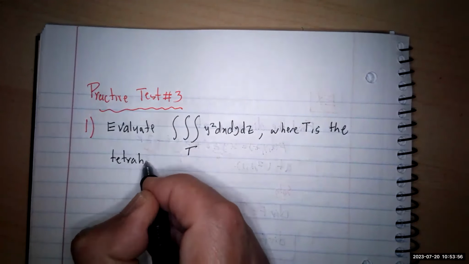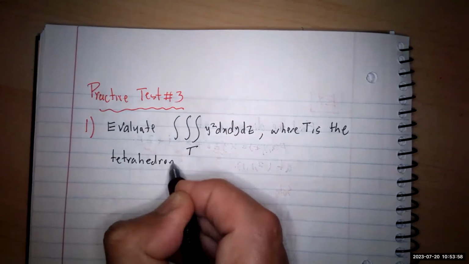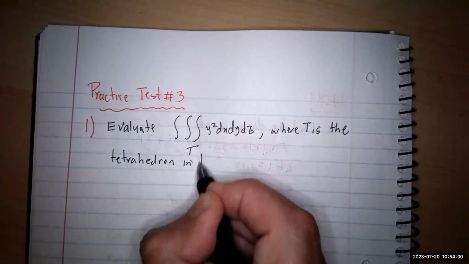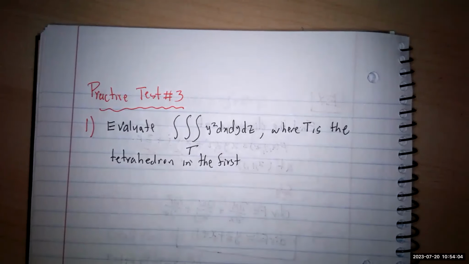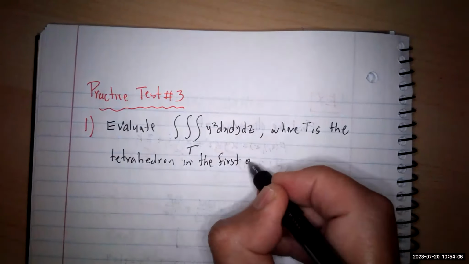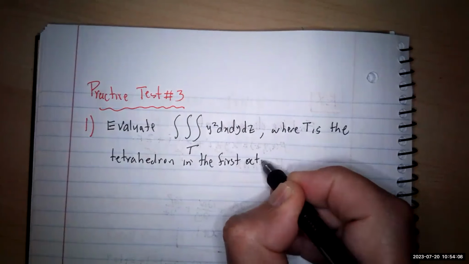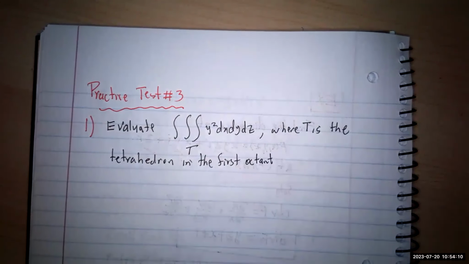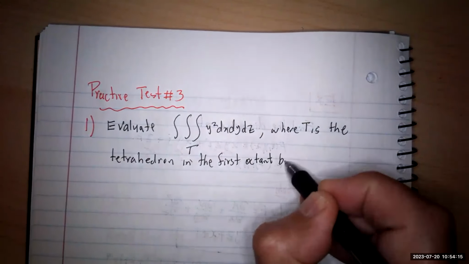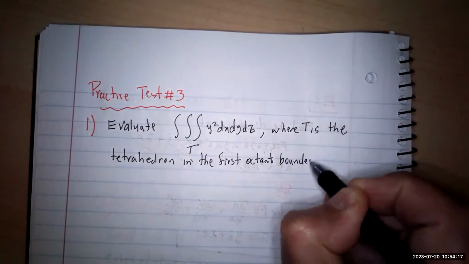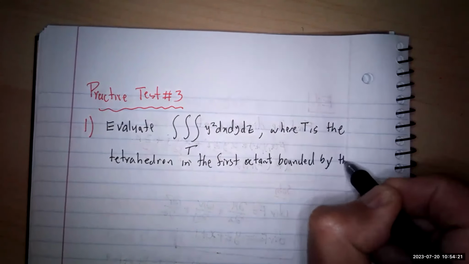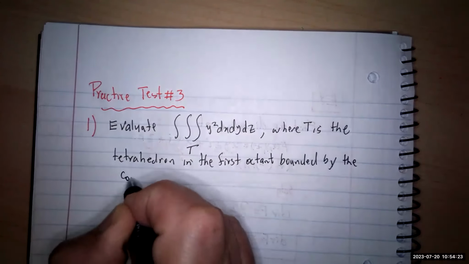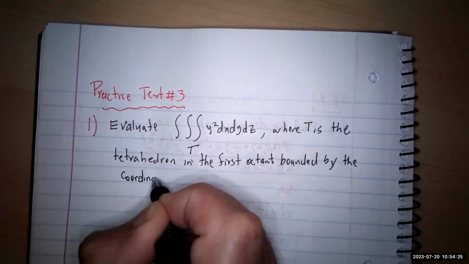The tetrahedron in the first octant. So everything is positive, x, y, z. It's going to be in the first octant, bounded, as usual, by the coordinate planes.